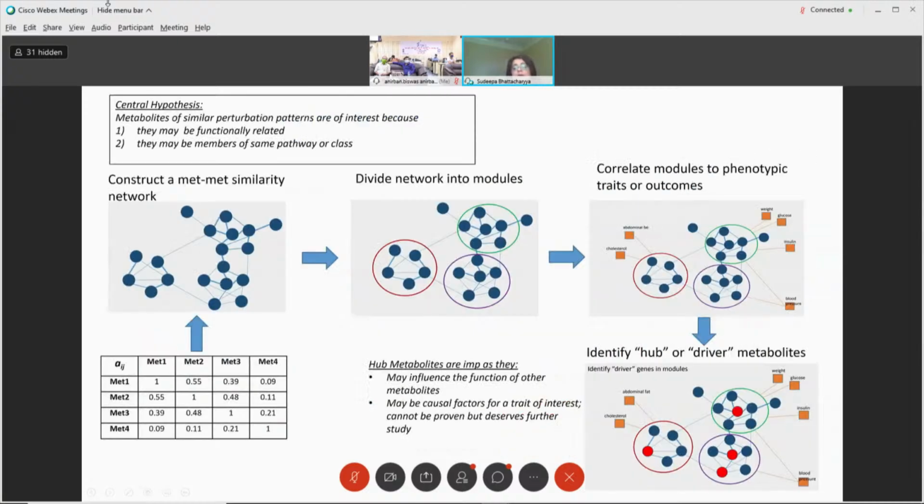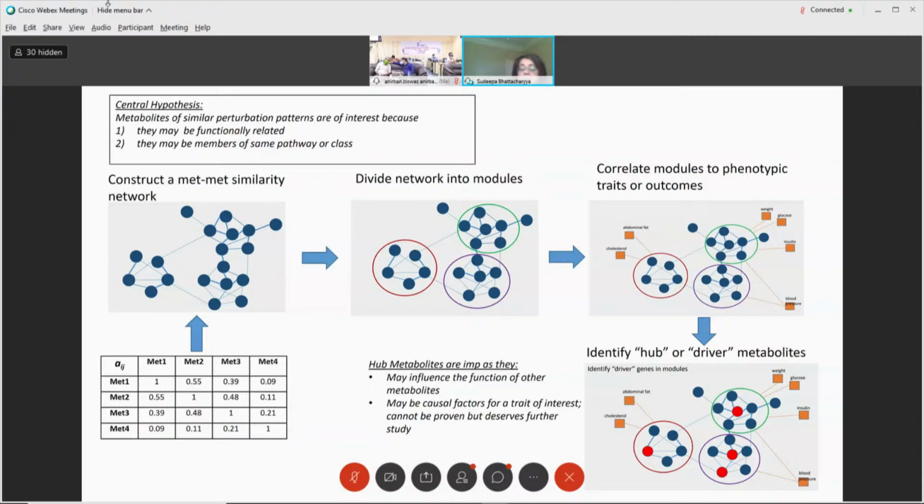Now, because this was behavioral therapy, the effect sizes of the changes in the metabolite levels were very small. So what we did was we tried to find groups of molecules.